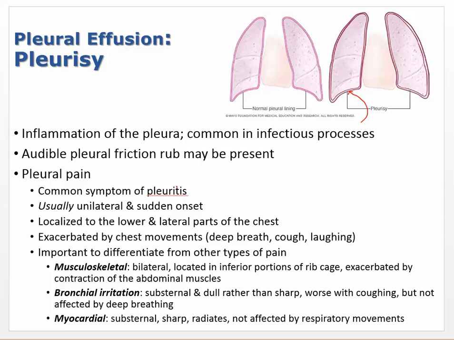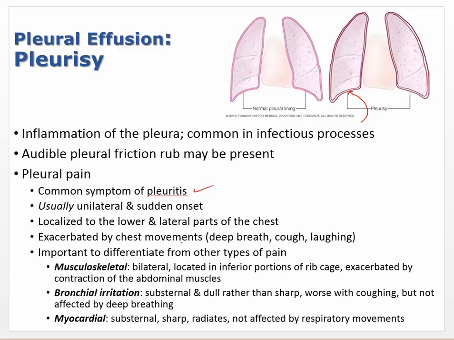Pleural pain is a common symptom of pleuritis, usually unilateral, so it's a side that's more affected, and you're going to feel it on that side. Sudden onset, localized to the lower and lateral parts of the chest, exacerbated by chest movements and deep breathing.